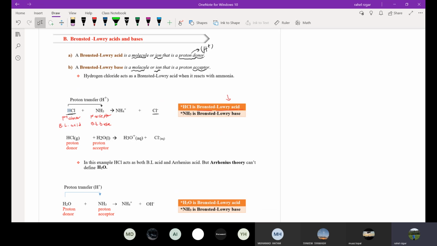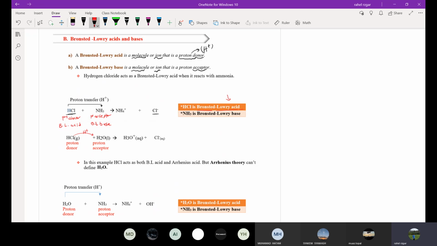In Arrhenius, we have only defined one compound, but in Bronsted Lowry, we will define both of them. Both sides. The one that has donated, the one that has also accepted. Same thing. Look at HCl. HCl has donated a proton to H2O. So HCl is a proton donor.